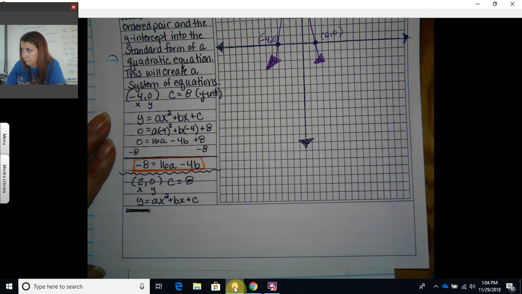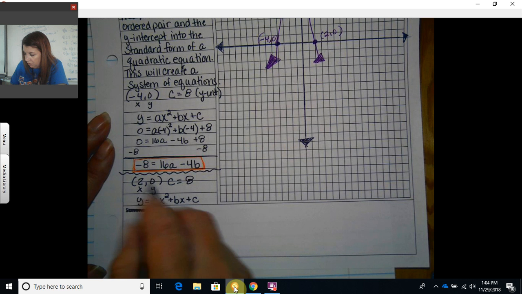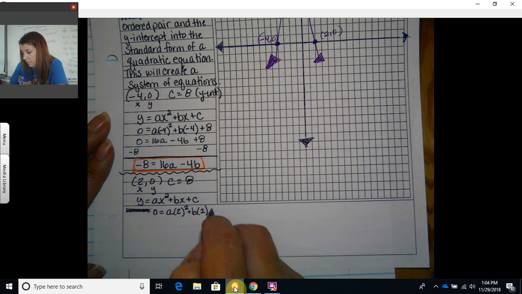So for y in this one I'll use 0 equals, I don't have an a, but for x I have 2 quantity squared plus b times 2 plus 8.